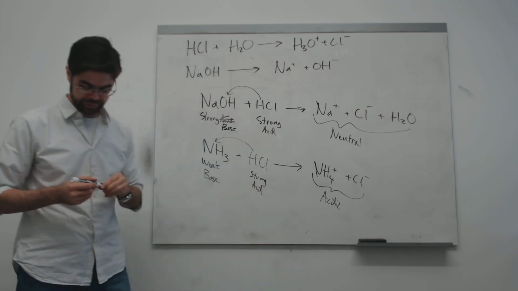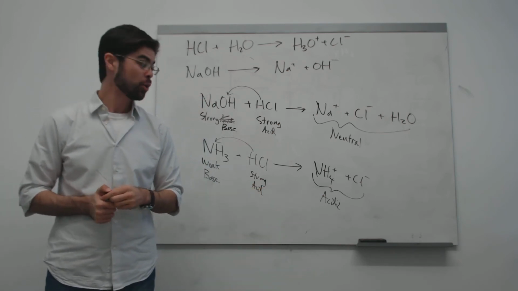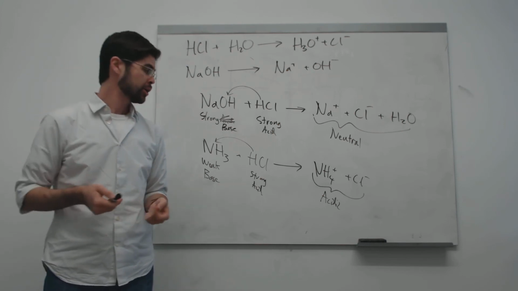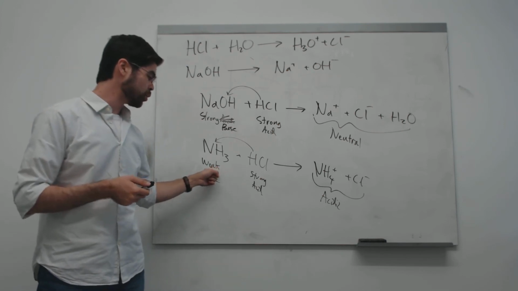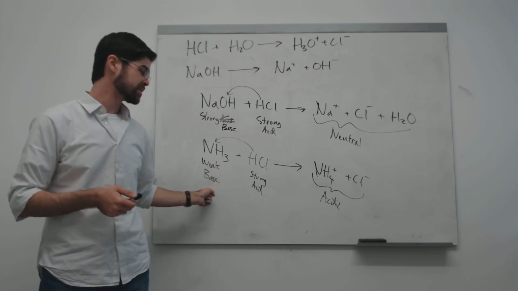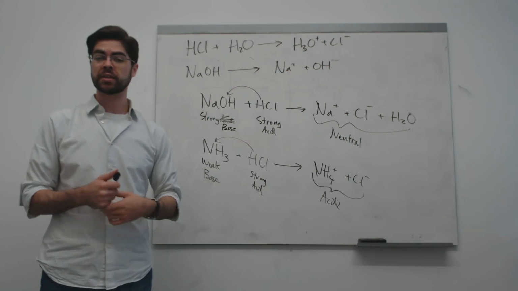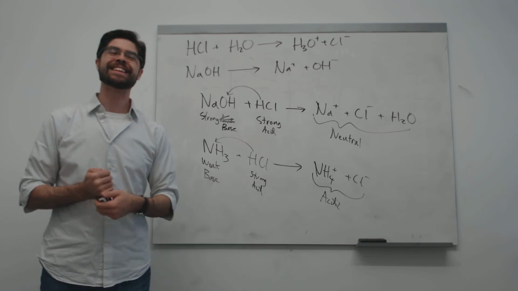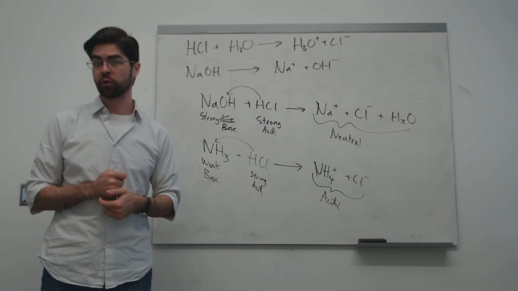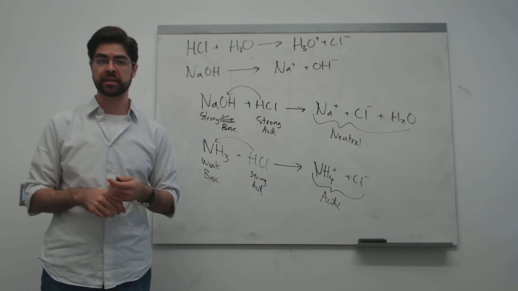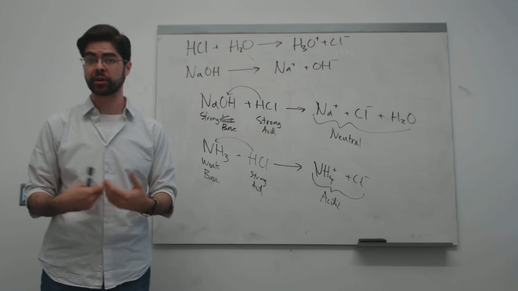And I almost hesitate to say this. When I first learned this, I tried to rationalize it to myself like this: well, I'm adding a weak base and a strong acid, so the products are acidic because the acid is stronger. That is not the explanation for why the products are acidic. That was how I first tried to explain it to myself, and I recognize now that is not correct.